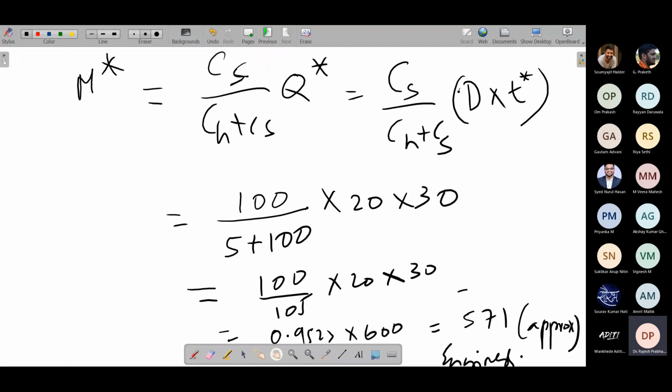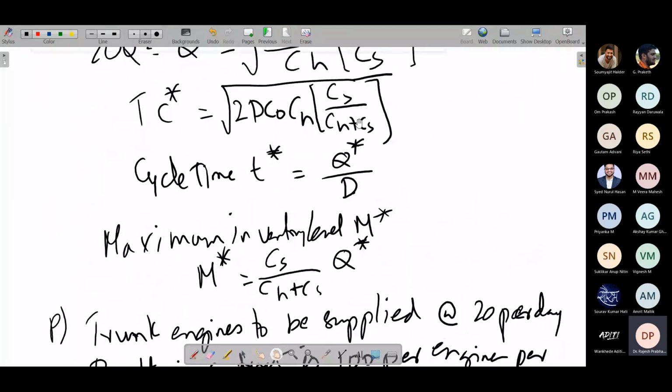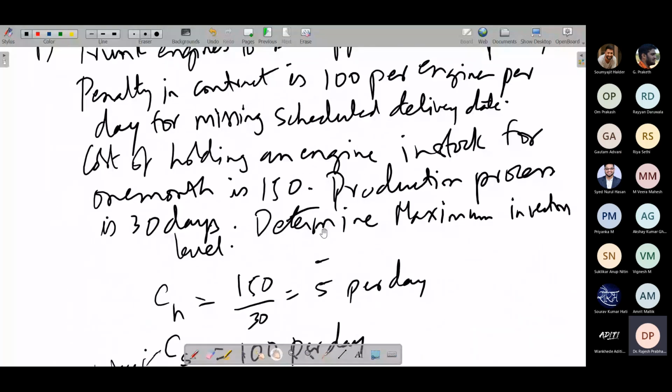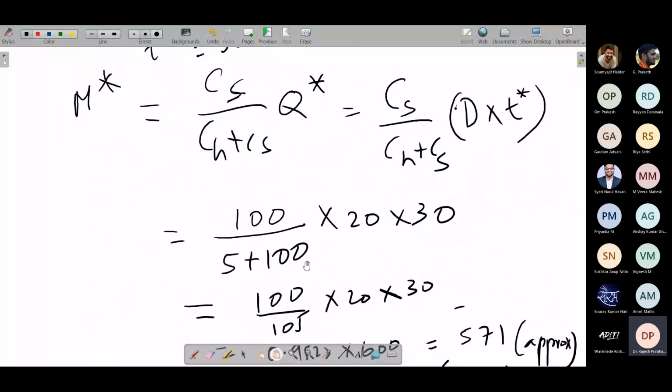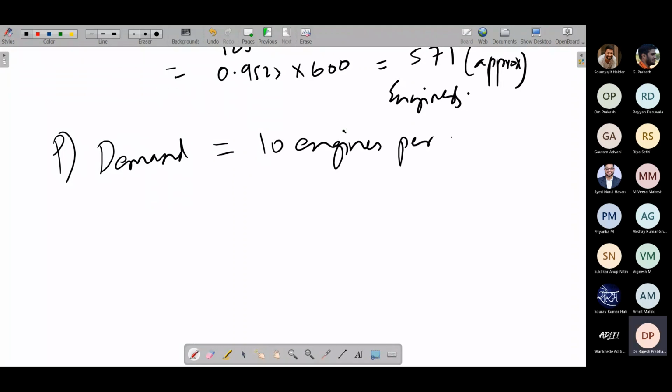Now let us do a problem where we will use the original formula of this EOQ with the cost of ordering also. So let us do a problem with demand of 10 engines per day.